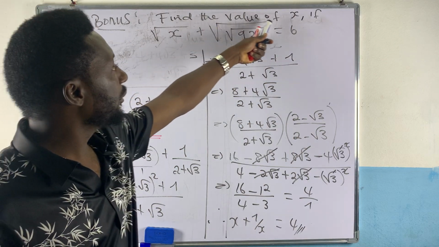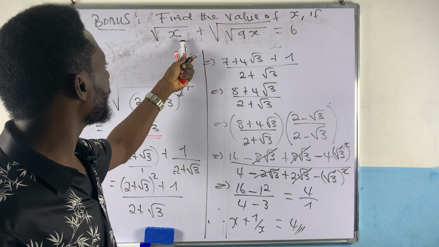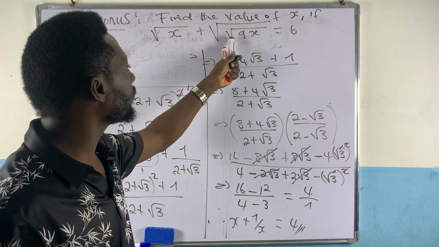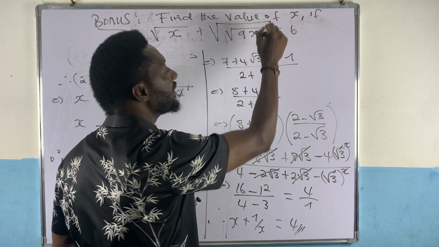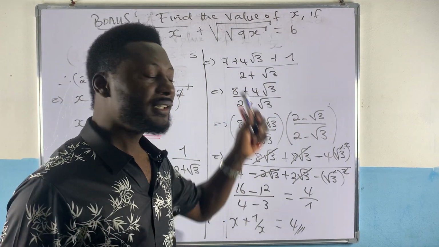So find the value of x if the root of x plus the root of 9x equals 6. So this is the bonus challenge.